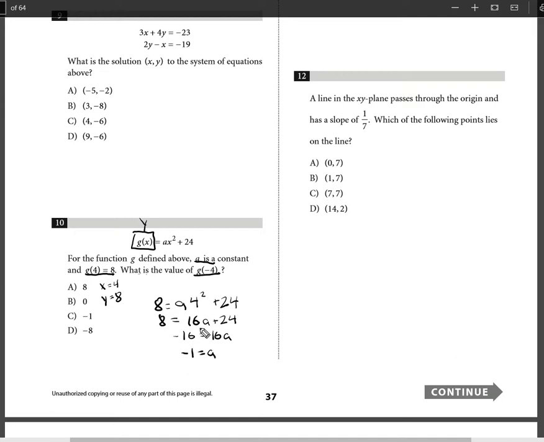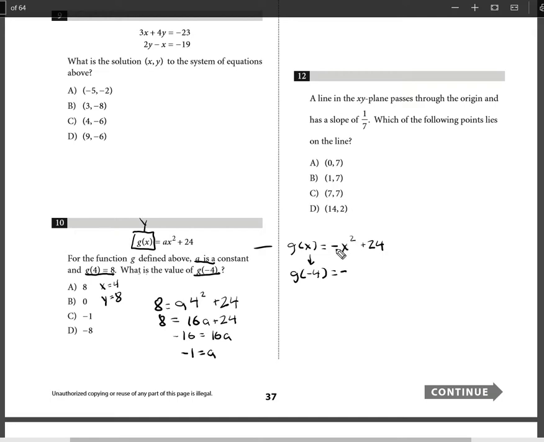Now that we know that our constant a is negative 1, we can simply plug that in. So the equation now is g of x is equal to negative 1 x squared plus 24. Now they're asking for the value of g of negative 4. So the x value is negative 4, so plug that in for x. We have negative, and be careful here, that negative is on the outside.